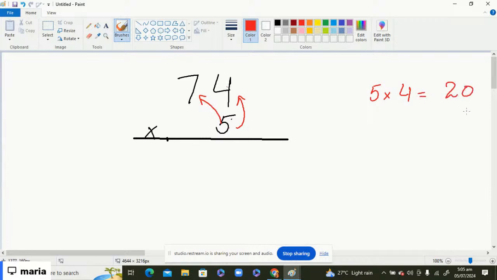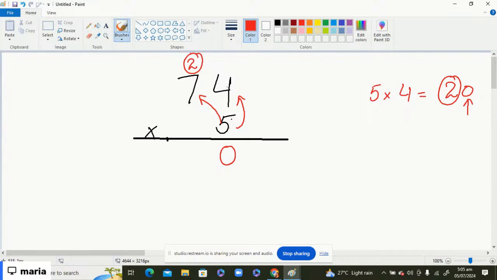This is 20 here. You put the right side digit there and move the left side digit up as a carry. So here is the 20, so you put 0 here and 2 goes up as a carry. Now multiply 5 with 7.